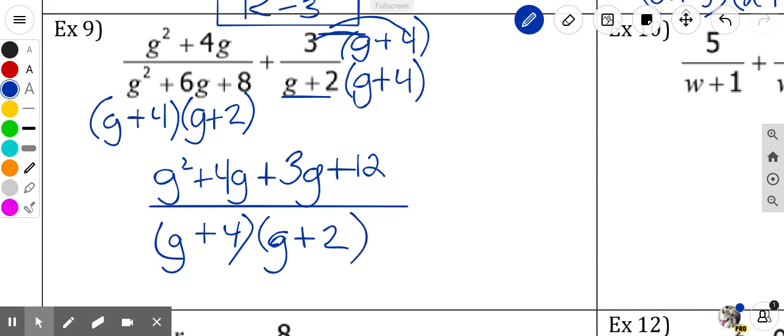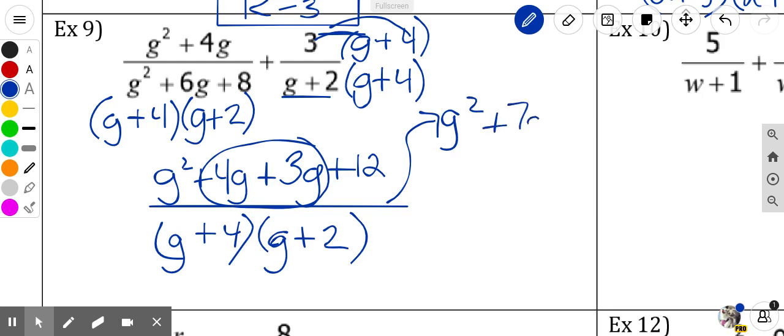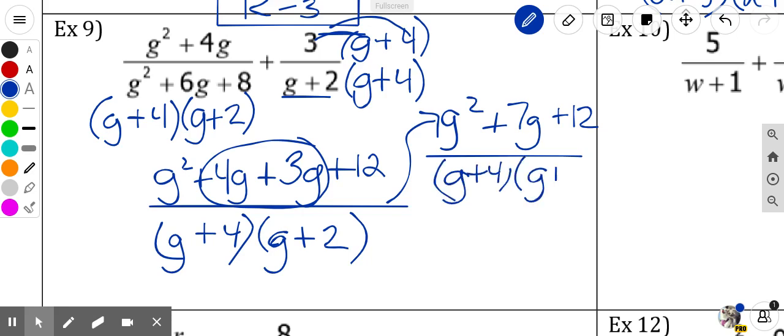Okay. Next, we need to combine like terms on the top. So these two middle terms can be combined. So over here, we're going to have g squared plus 7g plus 12. And on the bottom, g plus 4 times g plus 2.